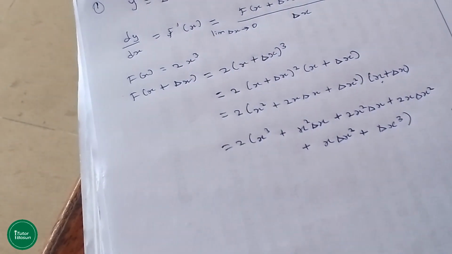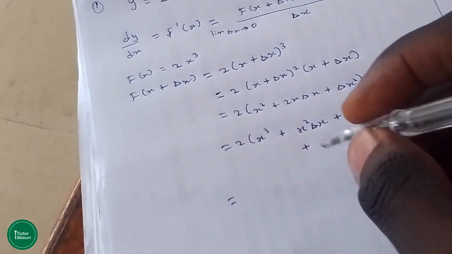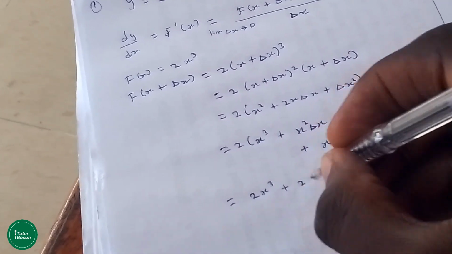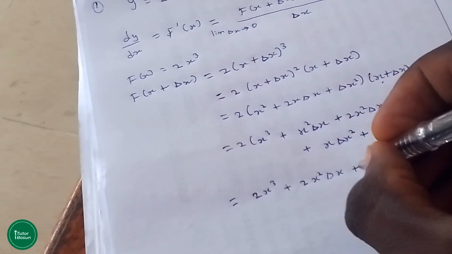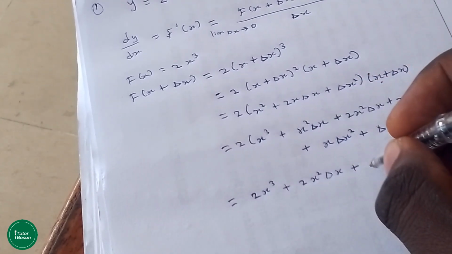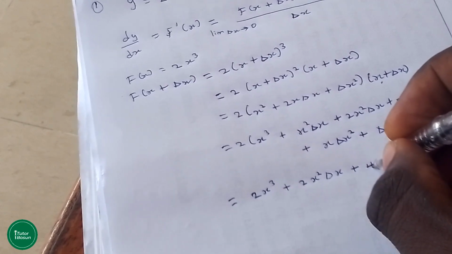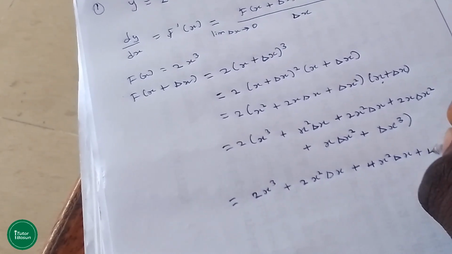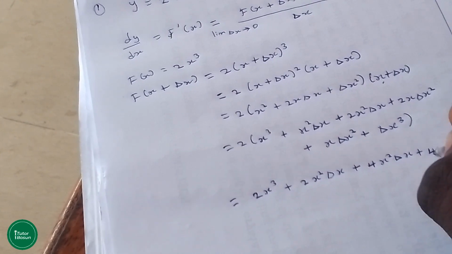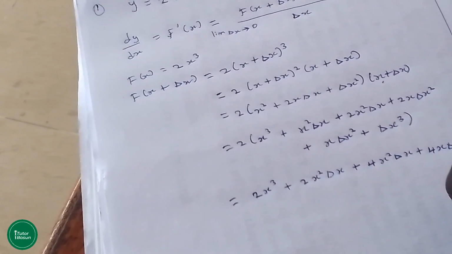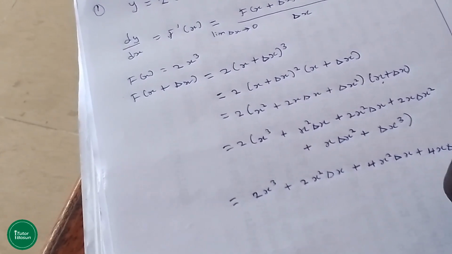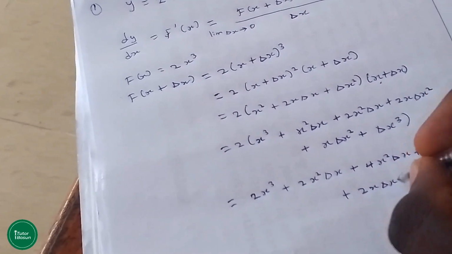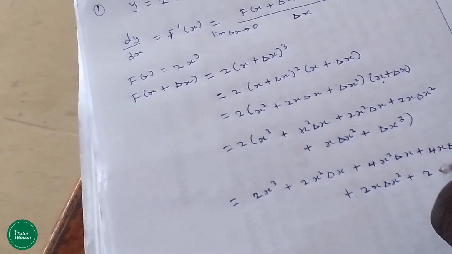Close the bracket, and opening the bracket with 2, that gives us 2x cubed plus 2x squared delta x plus 4x squared delta x plus 4x delta x squared plus 2x delta x squared plus 2 delta x cubed.